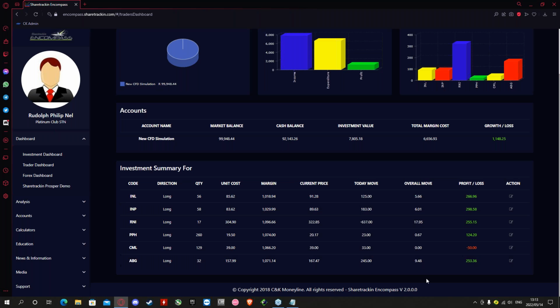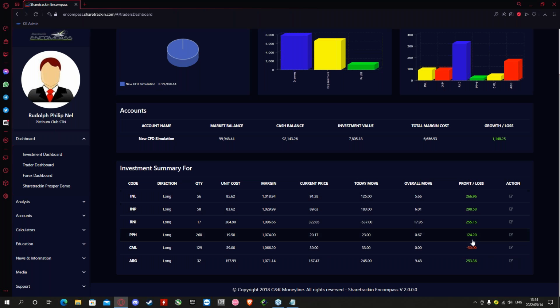Okay, so that's our movement. And then overall movement, so that would be your percentage. So 5% growth, 6%, 17% growth, 0.67%. This is 0.0. We haven't made anything. We're just back on 50 Rand, so 50 Rand brokerage. We haven't made any percentage growth, and 9.48% growth. Okay, so we've made good growth within this week.